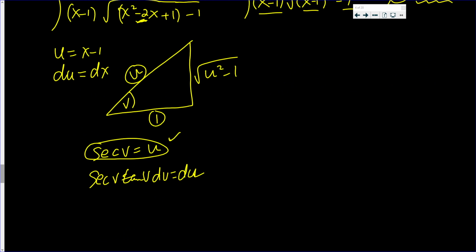I just need this square root of u squared minus 1. Now, I can square u and then minus 1, or I can say, hey, the tangent of v is that over 1. The tangent of v is the square root of u squared minus 1.